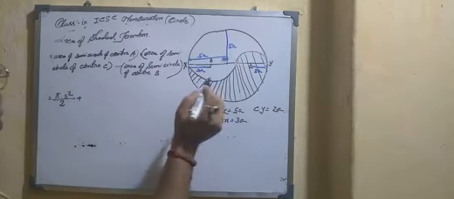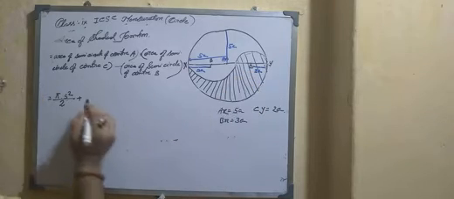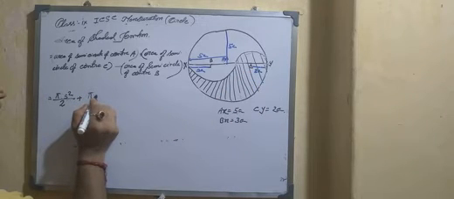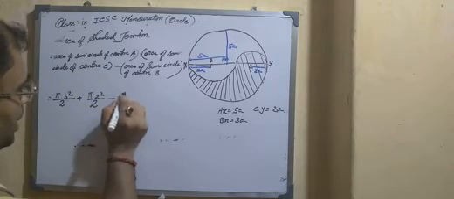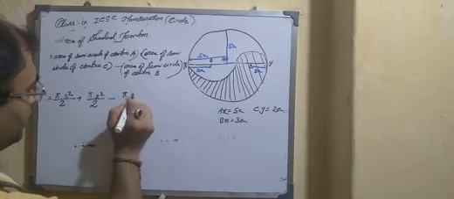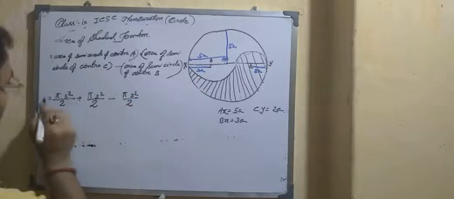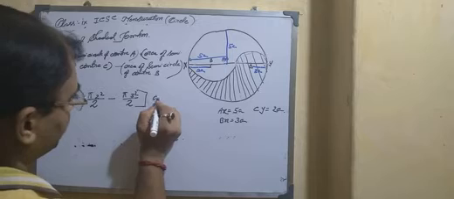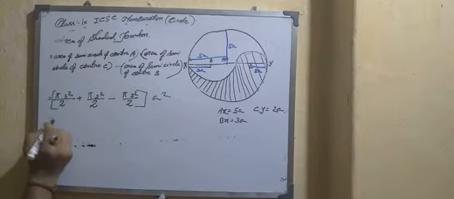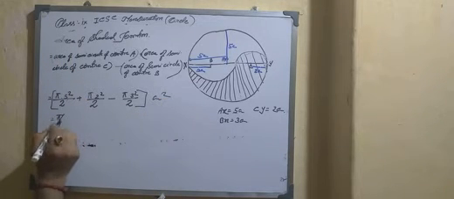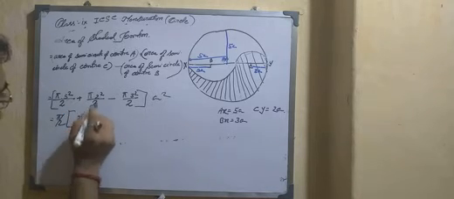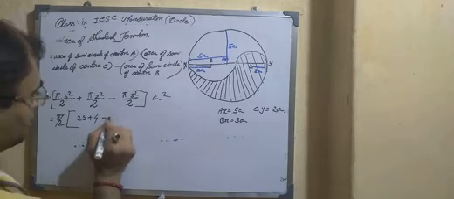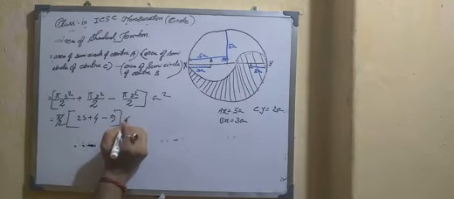semicircle of center C, that means this portion, right? Pi r square means 2 square by 2 minus pi r square means 3 square by 2 centimeter square. Now we can take common pi upon 2. What will we get? 5 square, that is 25, plus 2 square, that is 4, minus 3 square equal to 9 centimeter square.